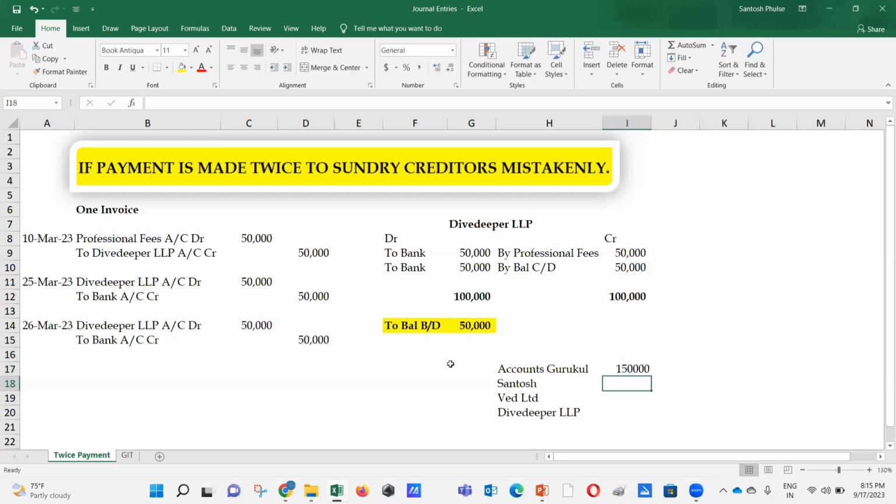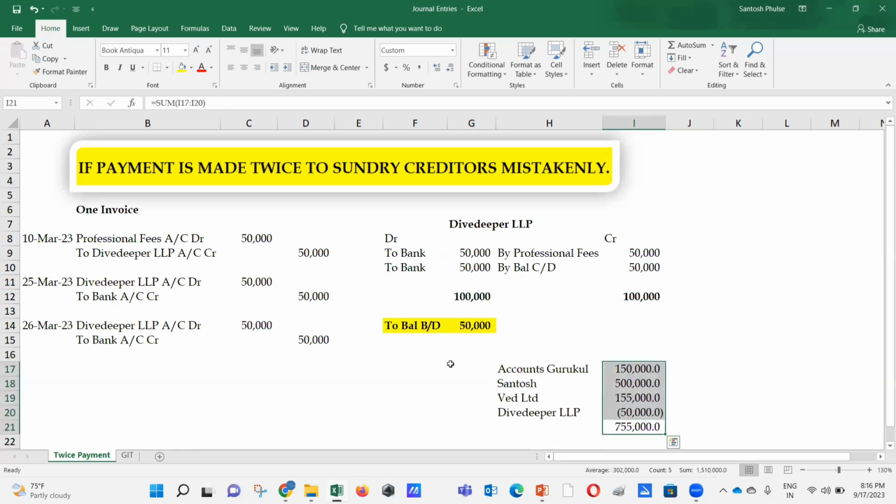Accounts Gurukul, you have to pay 1,50,000. Santosh, you have to pay 5 lakh. With Limited, you have to pay 1,55,000. And from Dayu Deeper LLP, we have to recover 50,000. And the total in your accounts payable is this much balance.